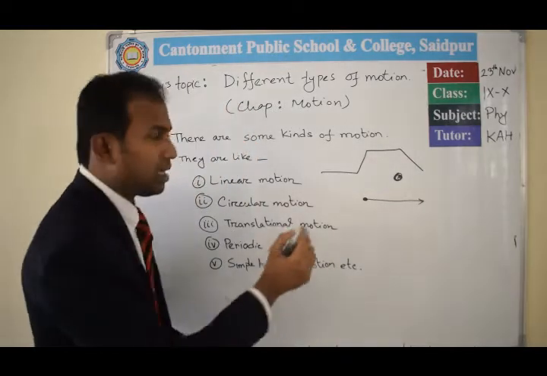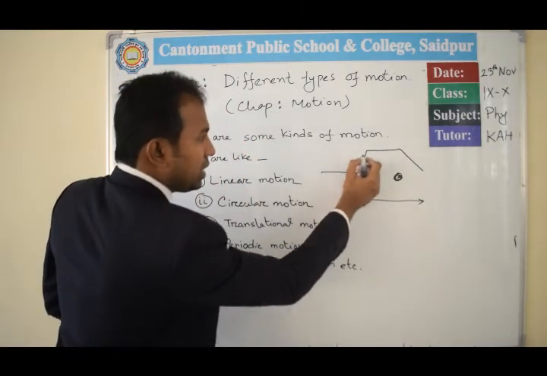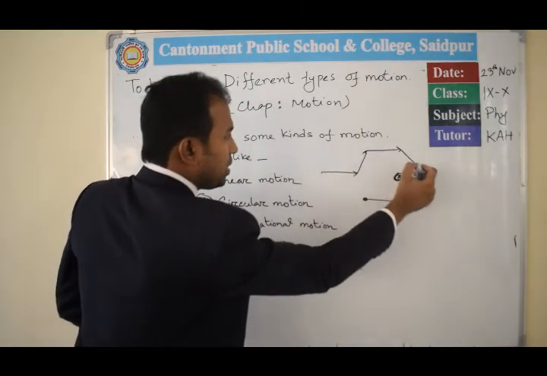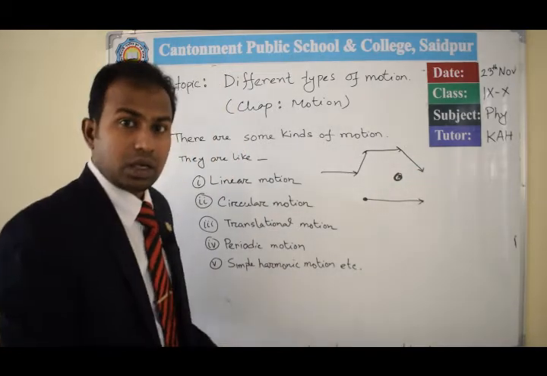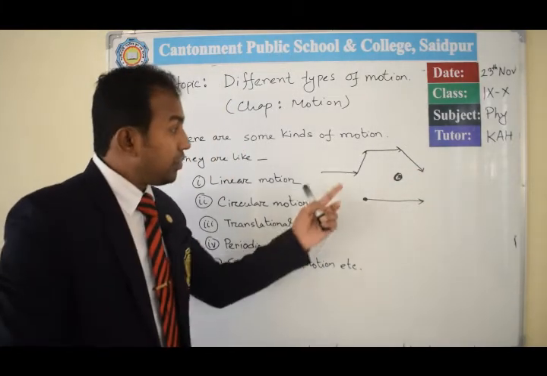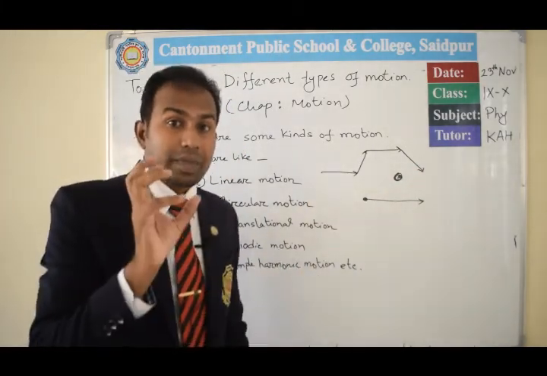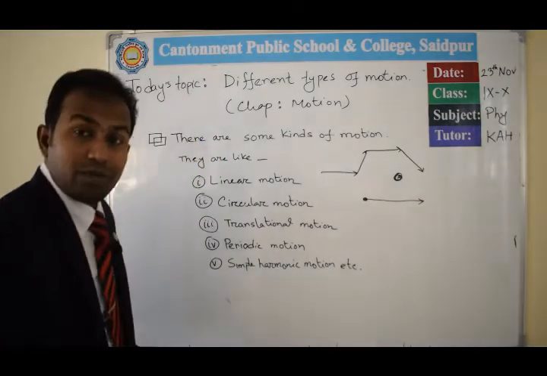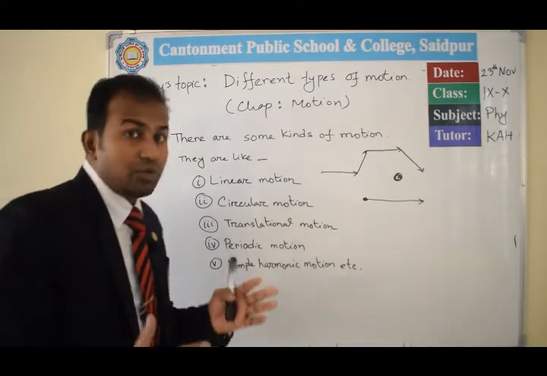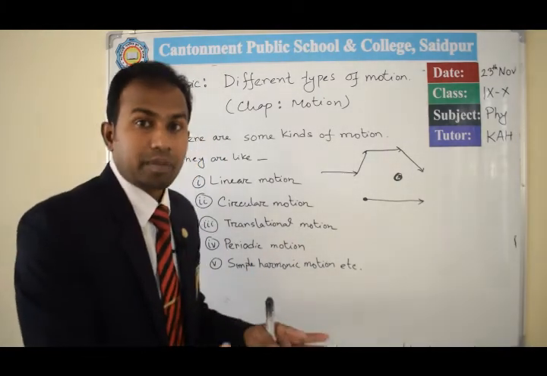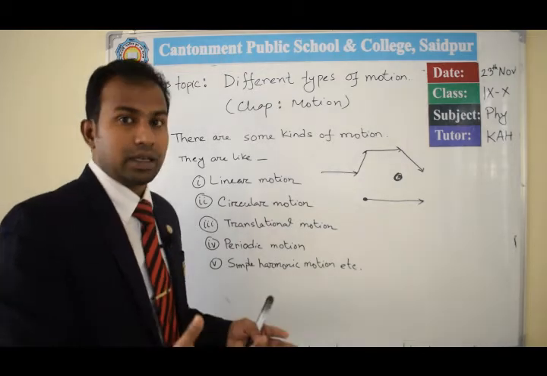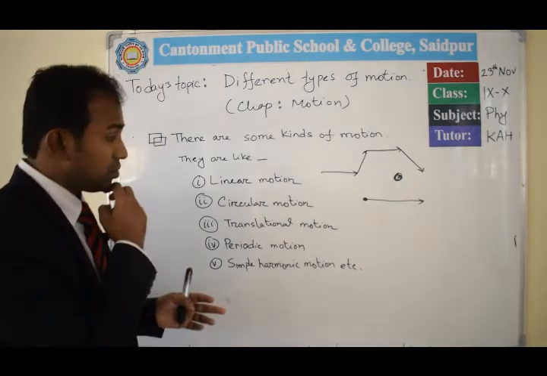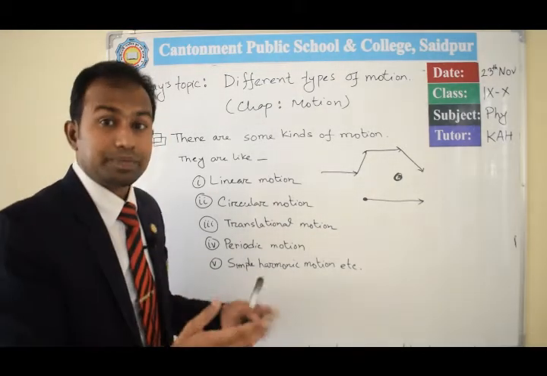So every single way it's actually changing its direction with respect to the geometrical angle. But whenever a car is moving on the field, someone is trying to learn driving, so how does the new driver learn?